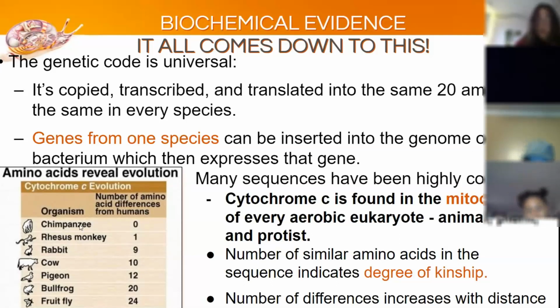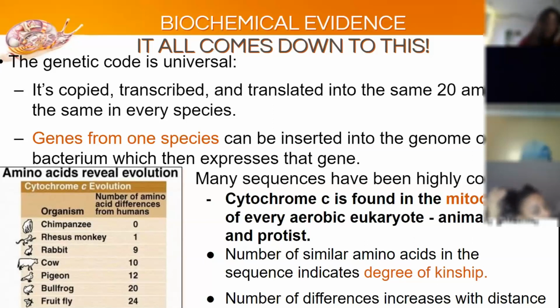So like us and the chimpanzee, there are 0 differences between us and the chimpanzee. So we clearly have very closely related relatives because they have the same genetic code. The rhesus monkey, not very different from us, only 1 amino acid different, right? So that is showing you that they are still closely related to us.